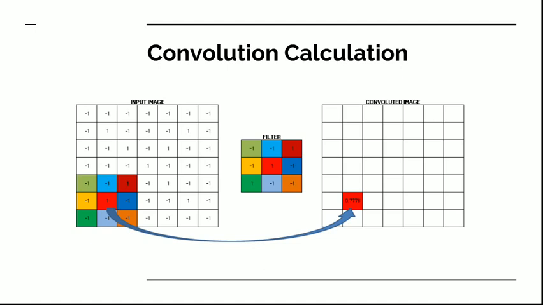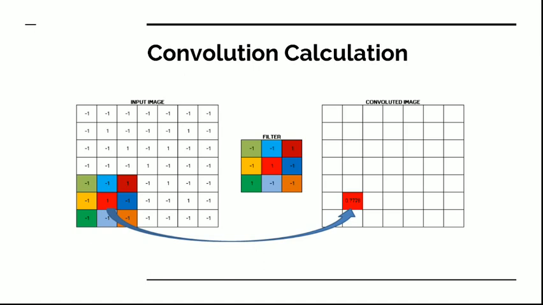Imagine we put the filter directly on top of the colored part of the input image. Both have the same shape, a 3 by 3 matrix. Then we multiply the cells on top of each other, the cells colored with the same color.